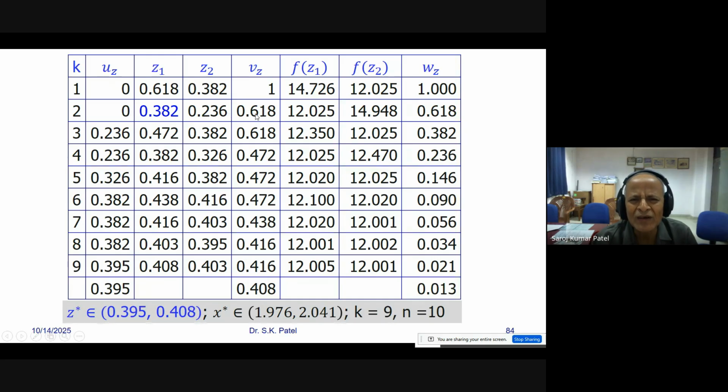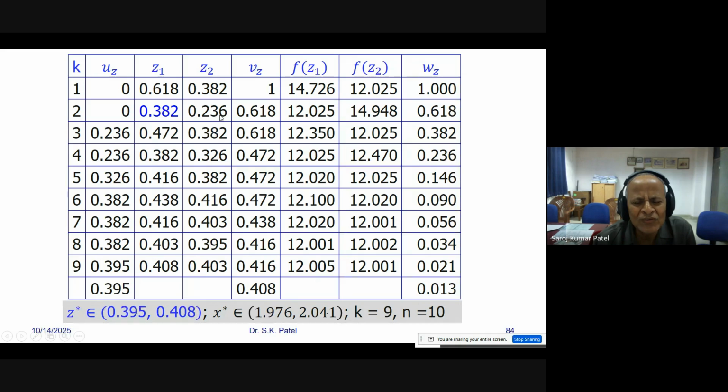And from here, using again you get Z1, Z2, you will get 0.382 and 0.236. Closely observe here. One of these new intermediate points is the same as one of the intermediate points in the previous iteration. See here, 0.382 was one of the intermediate points in iteration 1, and in iteration 2 also, the same point has become an intermediate point.